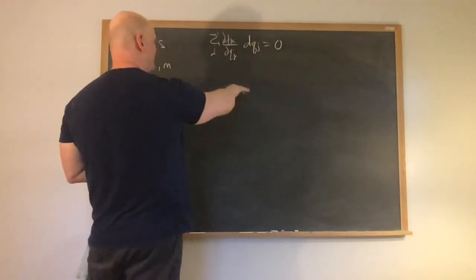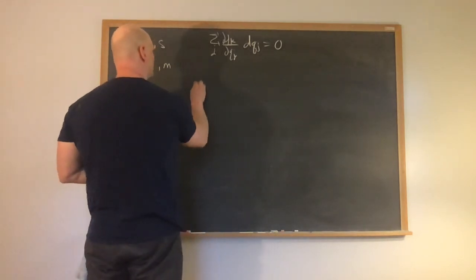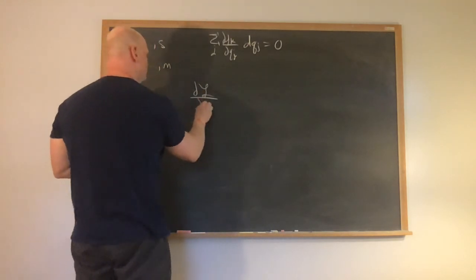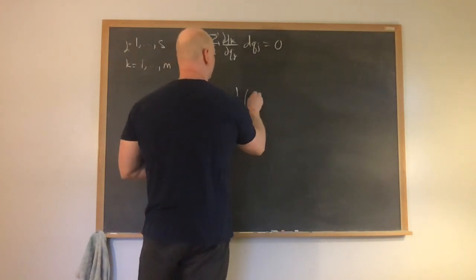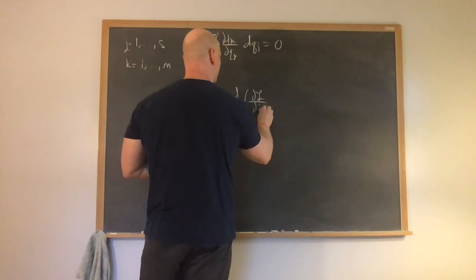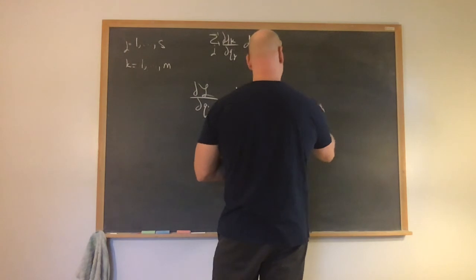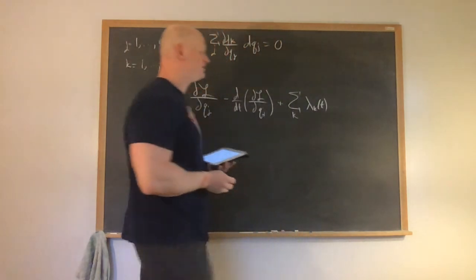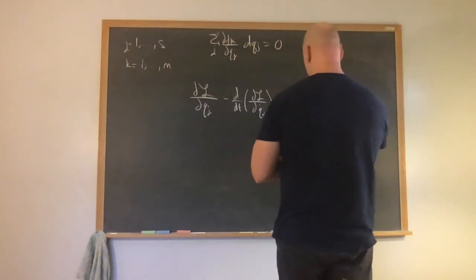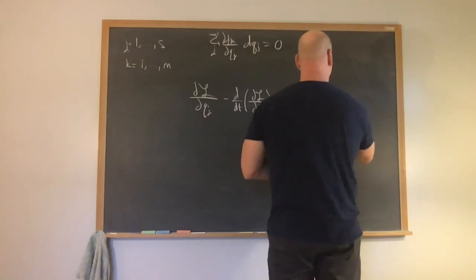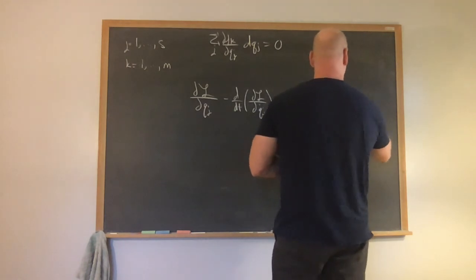Now, if it looks like this, we can then easily put this into our Lagrange's equation, which says that we have the partial with respect to qj of the Lagrangian, minus the time derivative of the partial derivative of the Lagrangian with respect to the generalized velocity, plus the sum over k of some undetermined multiplier, which in general can be time dependent, times the partial of f sub k with respect to qj, is then all equal to 0.